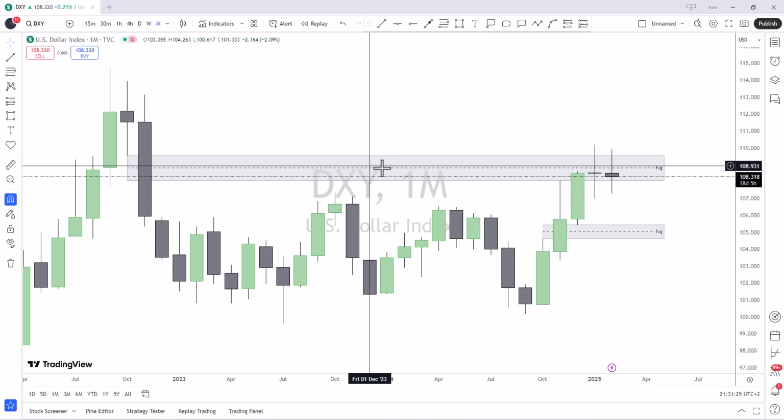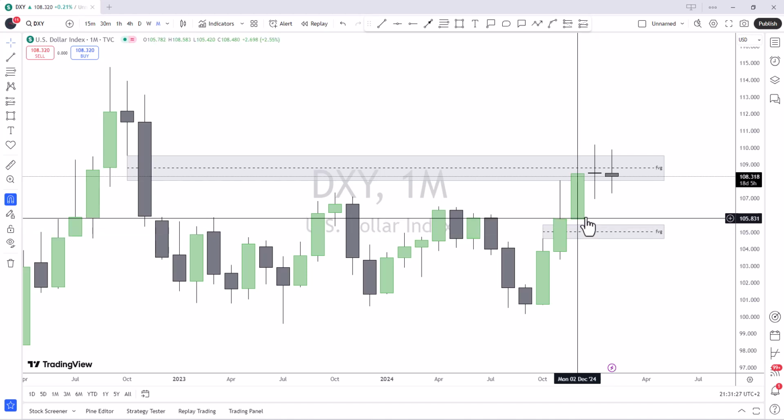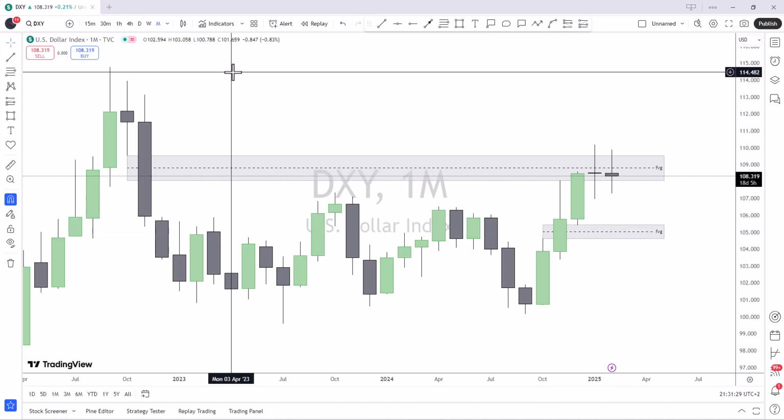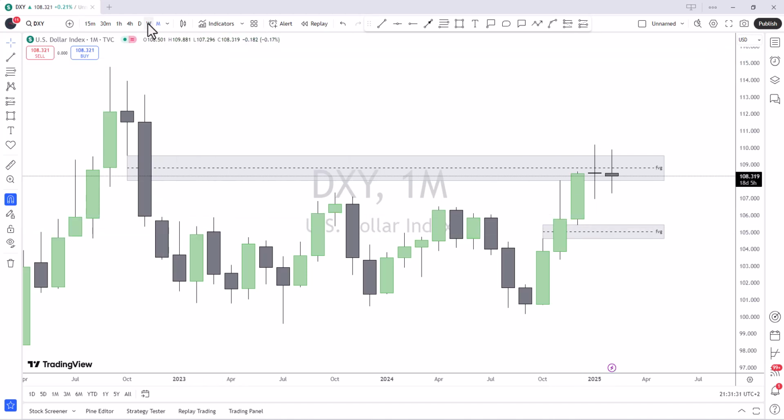So I expect February to continue bearish as the month progresses. I'm expecting bearish momentum to build up on dollar index, targeting the 105 price point. And ultimately for the year, I think we should trade probably lower than 103, right?